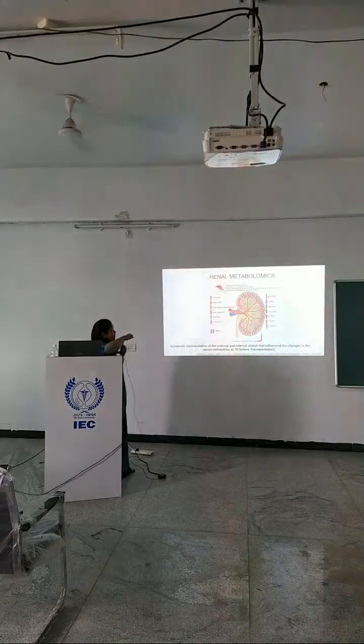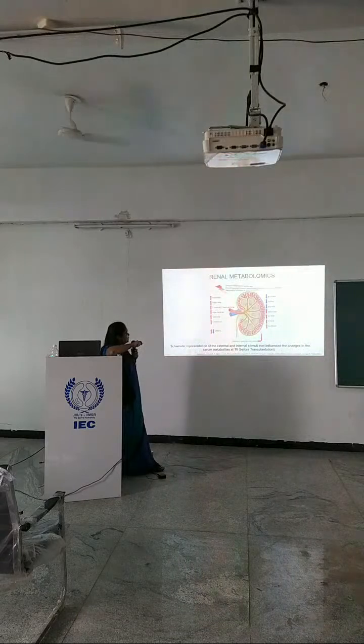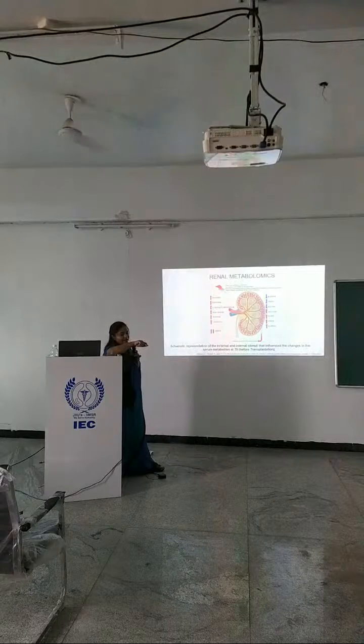Now, renal metabolomics. This is just one example, figuratively, that I thought would be very interesting. What they did was they did all these tests on T0 of transplant day, that is just before doing the transplantation.